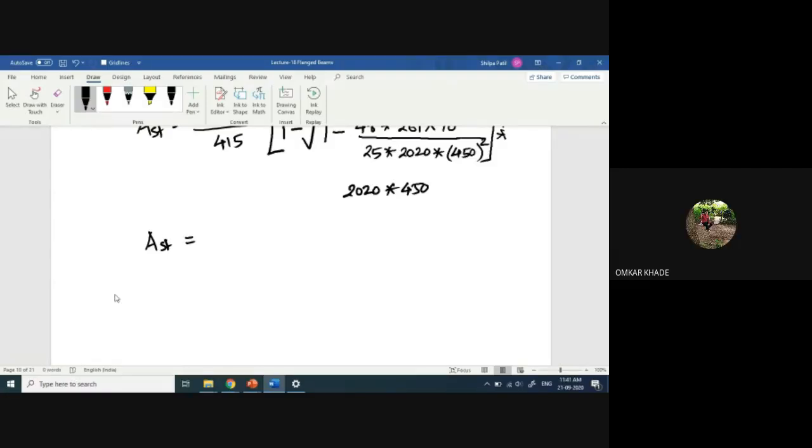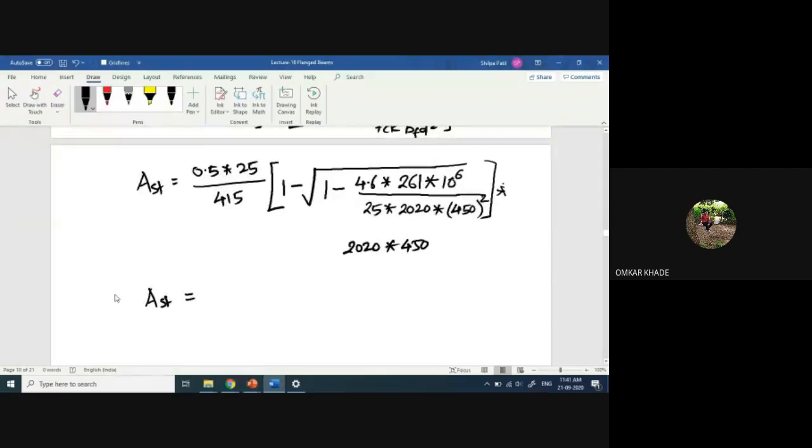Ma'am, we have considered it as a rectangular beam, no? But in this case, xu is equal to the depth of the flange. If xu is less than the depth of the flange, we can still consider it as rectangular.